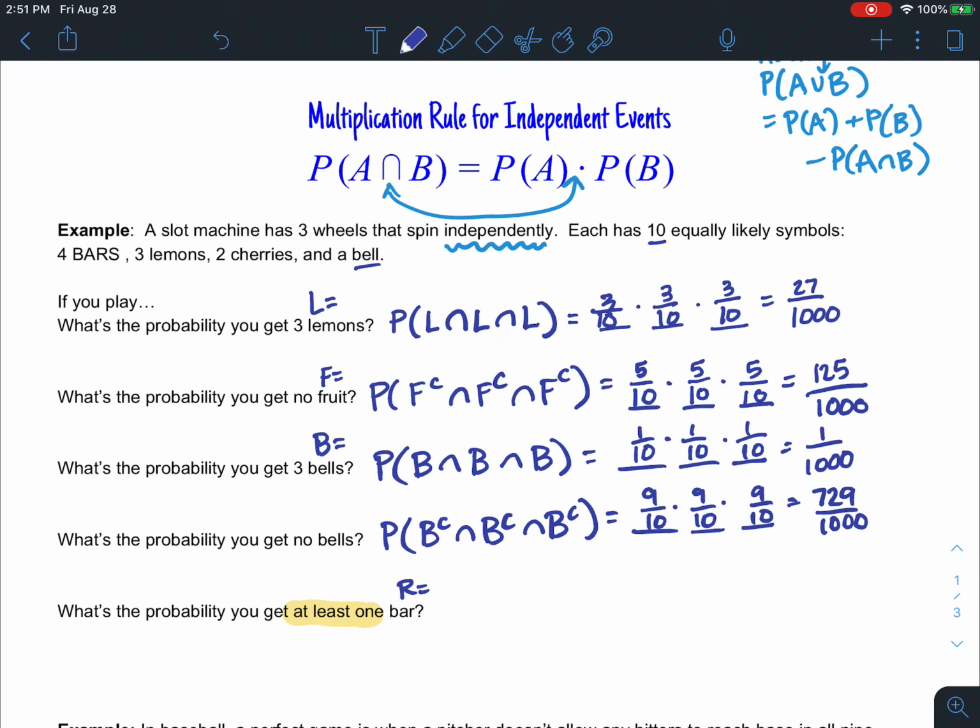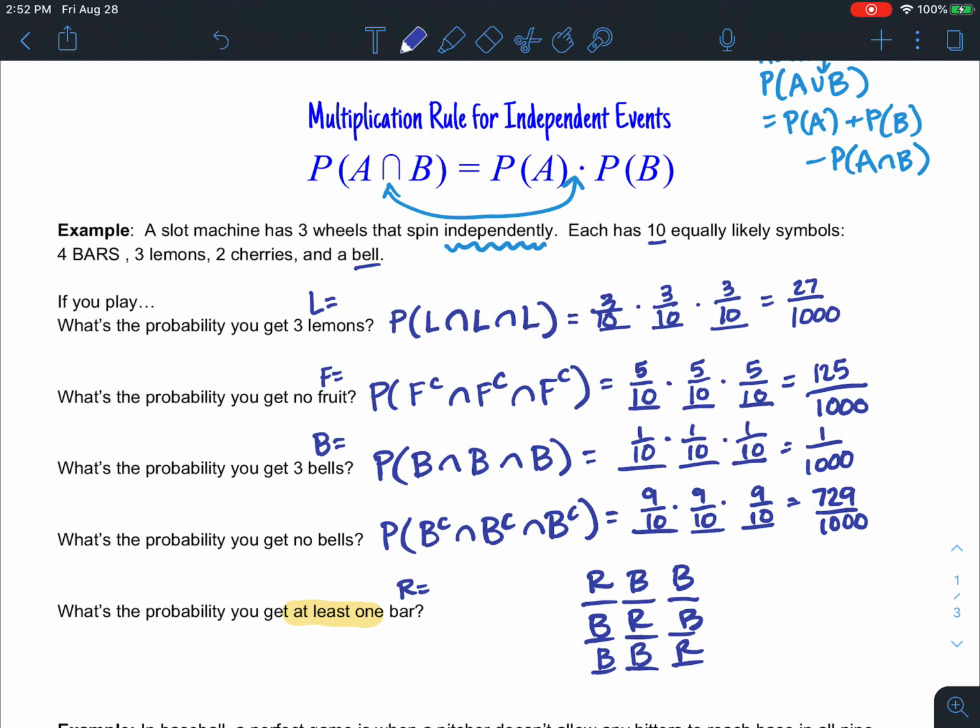So if we think about at least 1 bar, that means that in my 3 spins, one of them can be a bar, but the other ones aren't. But remember the order, that's not the only place the R can be. It could be in the middle, BRB, or it could be last, right?